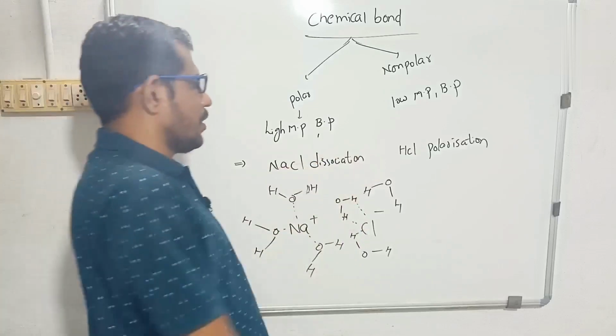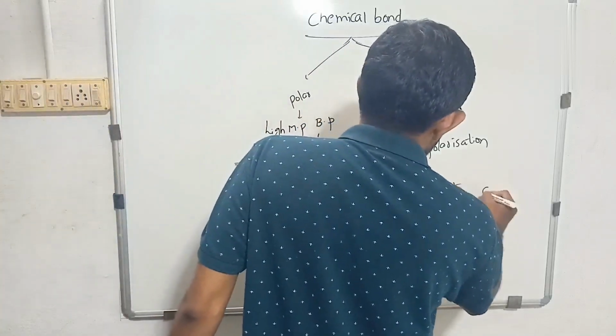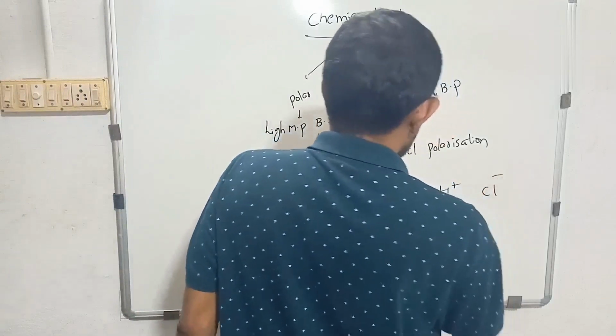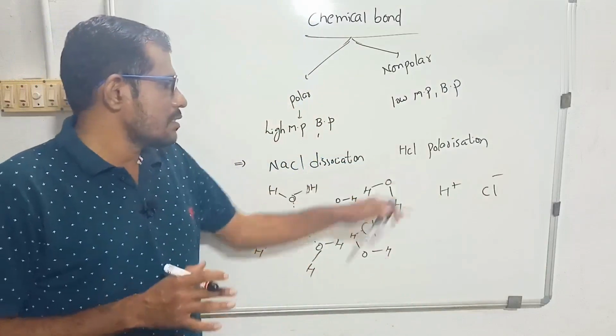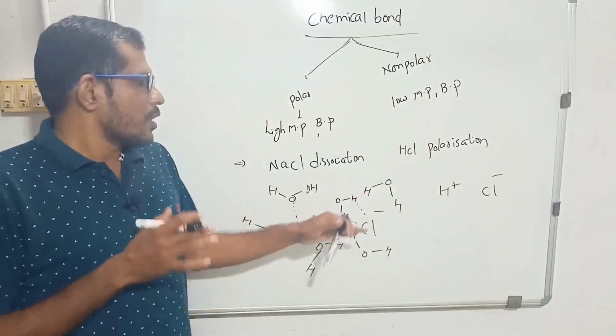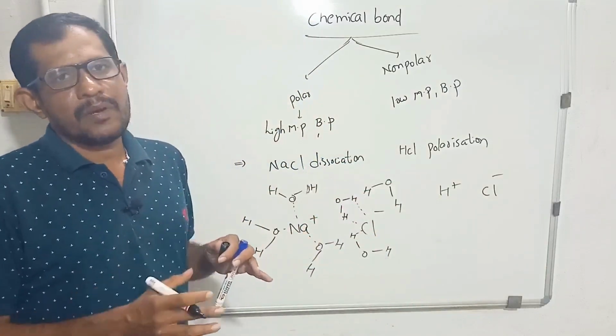In the same way, here also H plus and Cl minus ions will be there. By adding HCl to the water, it will ionize into H plus and Cl minus ions.